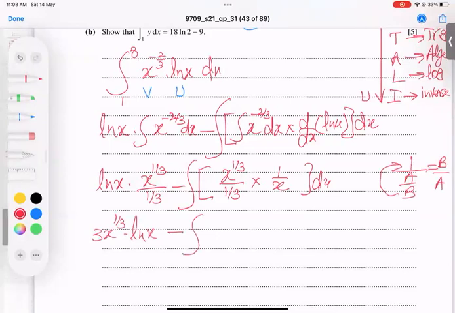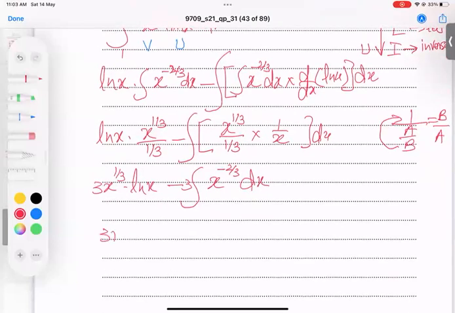Same story here, this becomes 3. I think I can bring out 1 over 3 and x over 1. So out of 1 by 3, when I subtract 1, I get here negative 2 over 3.